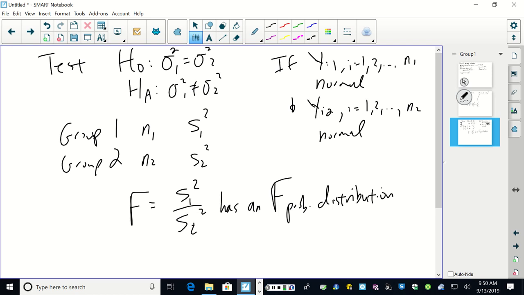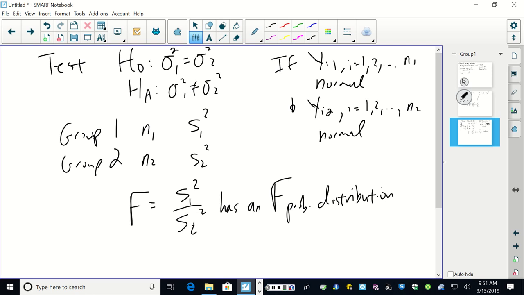George Snedecor, who was at Iowa State and North Carolina State and other places, did a lot of the developments for the statistic and testing variances. His motivations were in agriculture, field studies, and he was friends with Ronald Fisher, so he named it the F distribution, in honor of Sir Ronald Fisher, who did a lot of things back in the 1910s, 1920s with development of maximum likelihood and theories of estimation, and wrote a textbook, Statistical Methods for Research Workers.